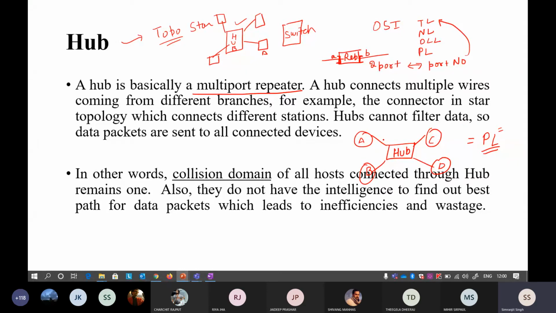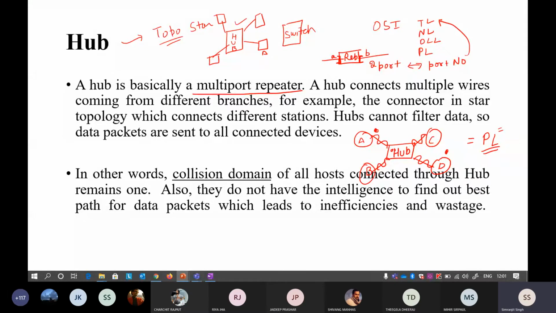Now whenever you want to send a message from A to D, you will transfer your signal towards the hub. This hub will take this message and repeat the same signal in all directions, to all of the devices that are connected to it.